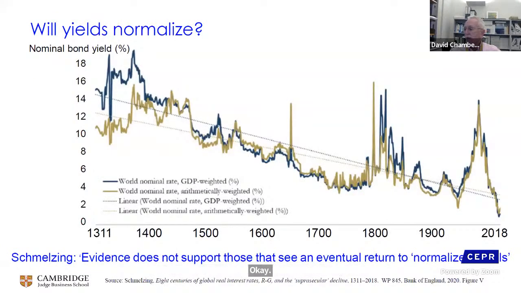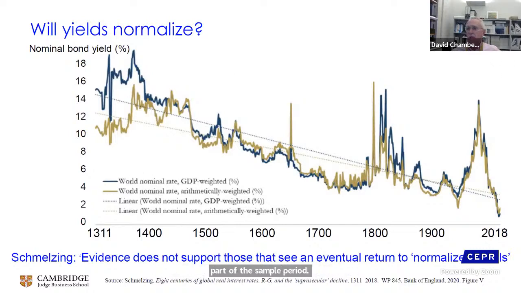Many of you will be familiar with the work that Paul Schmelzing has done, looking at 8 centuries of global real interest rates. This ends in 2018, this data from his paper, and so we're not capturing the recent spike here. There could well be issues about what these bond yields are, particularly in the early part of the sample period.